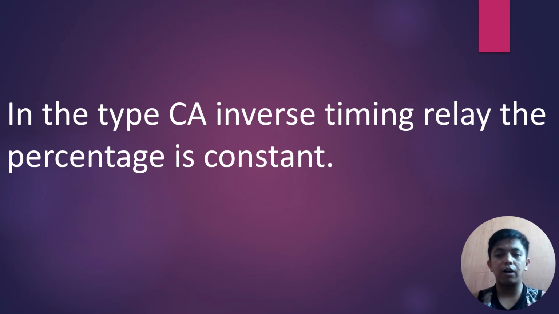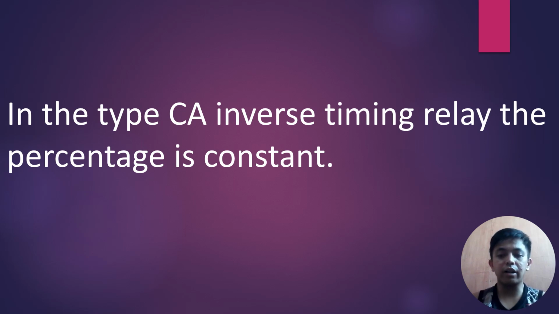Now, how does the relay CA work? For external faults, when a fault occurs outside the protected zone, the relay's restraining coil generates a torque that keeps the relay contacts open, preventing unnecessary tripping.